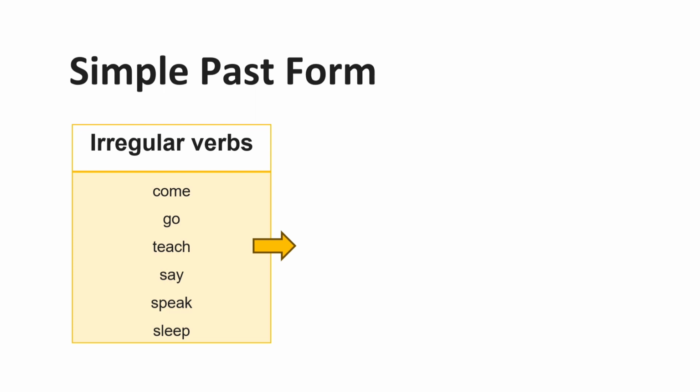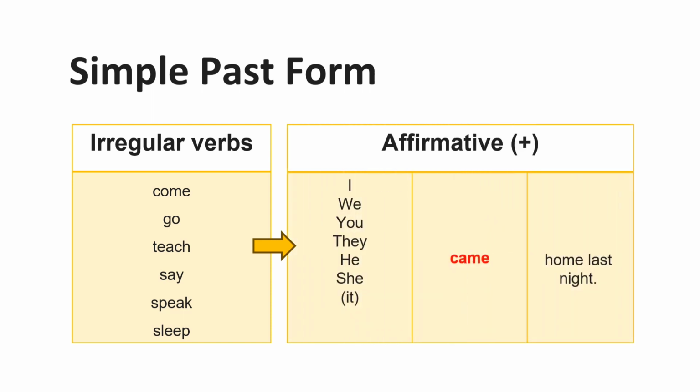But if the verb changes completely in the past form, we call it irregular verb. So verbs like come, go, teach, say, etc. They change completely. Come changes to came. Go, went. Teach, taught. Say, said. Speak, spoke. Sleep, slept.